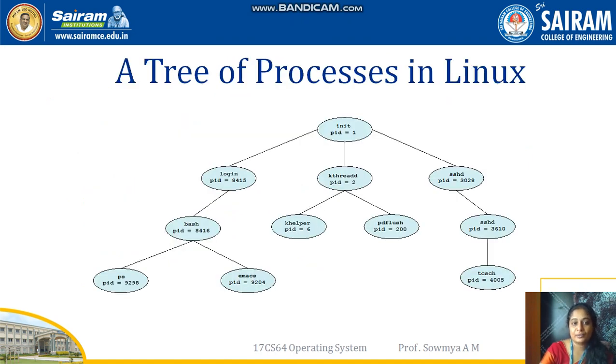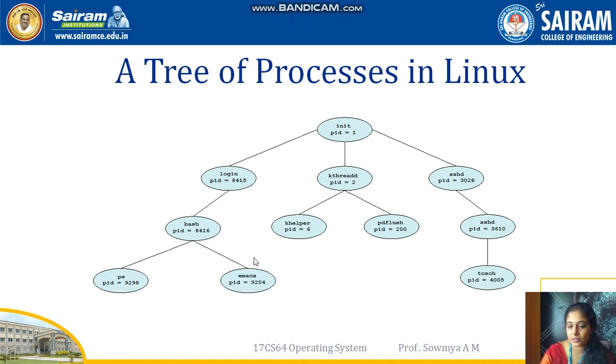So this is how the tree of processes in Linux is represented. The first process which starts when you start the Linux operating system is the init process, and the process ID of init is 1. If there is a login for a user, then a specific ID is given for that login, and it will start a bash program, so that PID will be given, and so on.